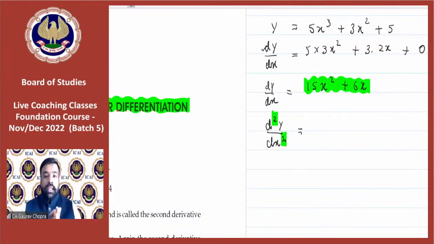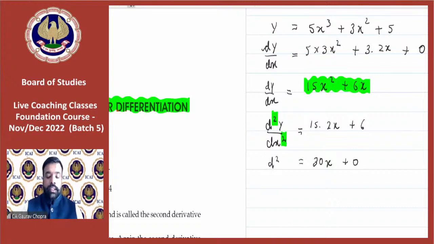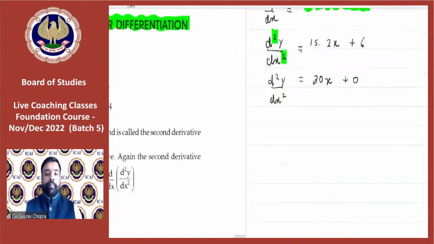So the derivative that we found earlier, now we have to calculate the derivative of that derivative again, right? We found the derivative of the main question, and now we are calculating the derivative of the derivative. So for 15x square, it will become 15 multiplied by 2x plus 6. So what will be the final result? It will be 30x plus 0. This is basically the second order derivative, that is d2y by dx square.